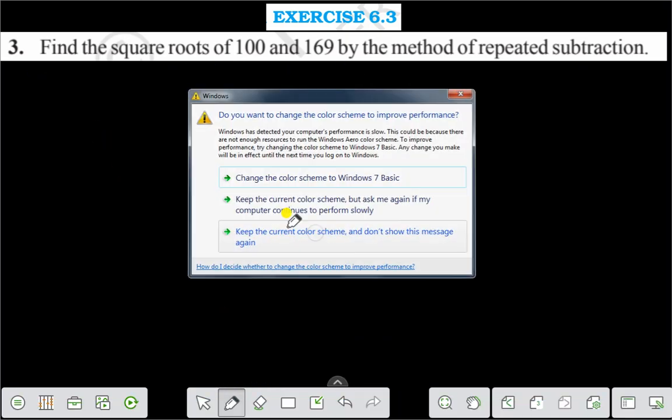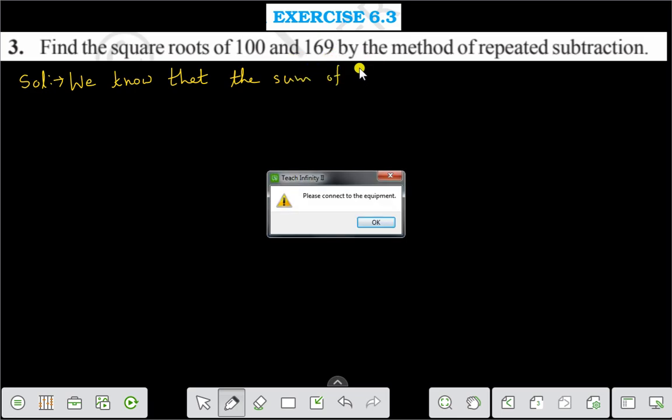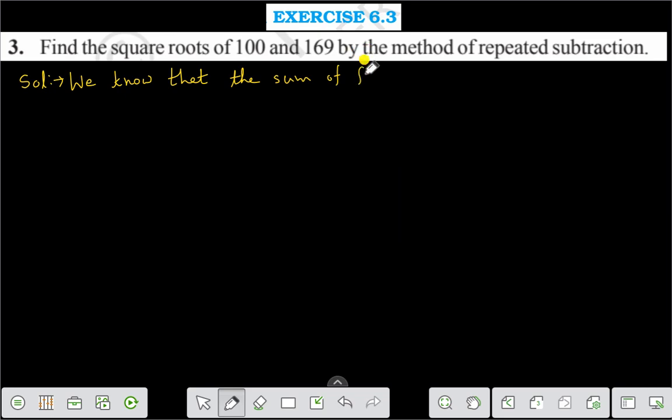Again, we know that the sum of the first n odd natural numbers is n square, right?